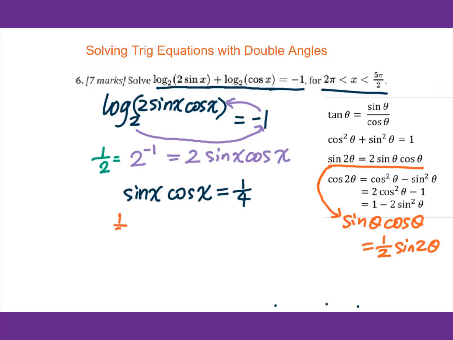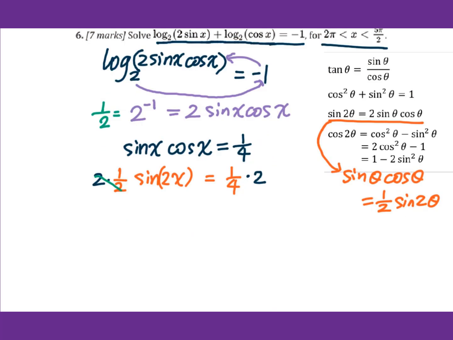You can change here: 1/2 sin 2x equals 1 over 4. Multiply by 2 on both sides. You will get sin 2x equals 1 over 2.